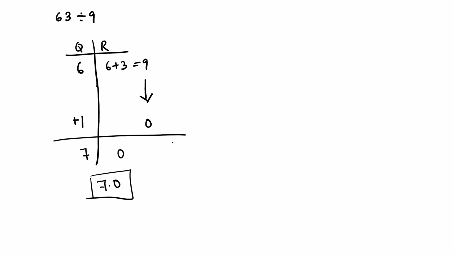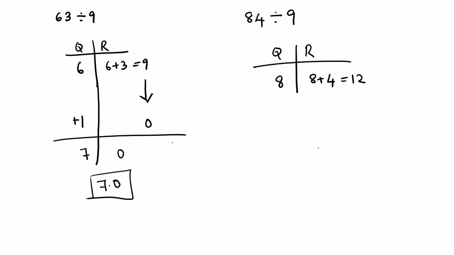Okay. Now let's see what happens when the remainder is greater than 9. For that I have taken 84 over 9. So the quotient will be first digit, which is 8. Remainder will be 8 plus 4, which is 12. So this is greater than 9, right? So what you have to do is, you have to divide this 12 over 9.